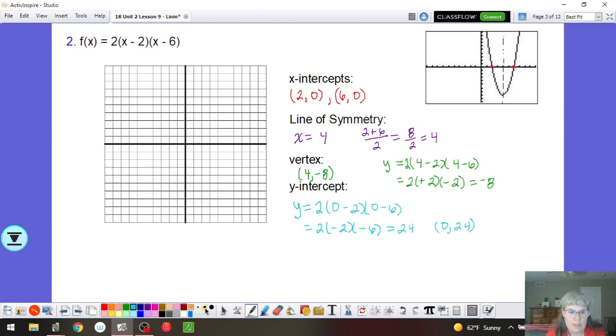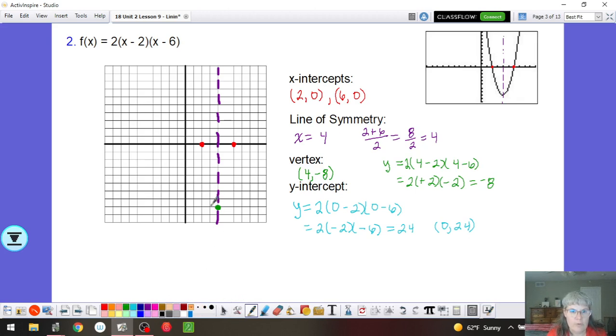But we can use the other points to graph. We have intercepts at (2, 0) and (6, 0). We have our line of symmetry at 4. We have our vertex at (4, -8). And our y-intercept, I don't have enough on my graph to graph that either.